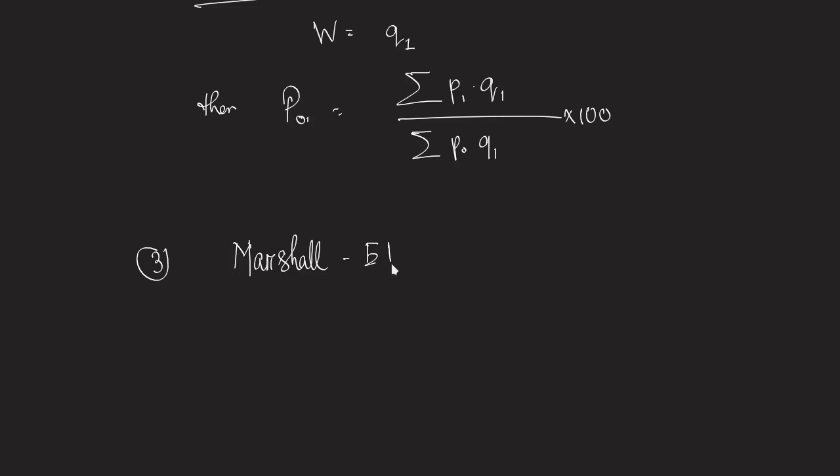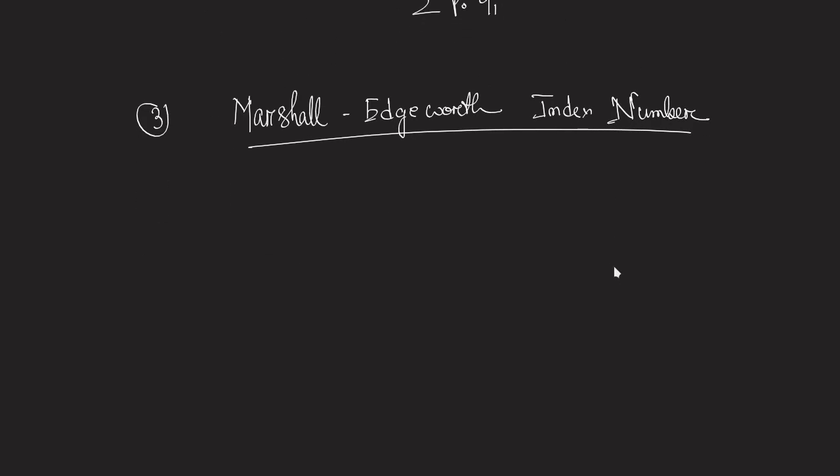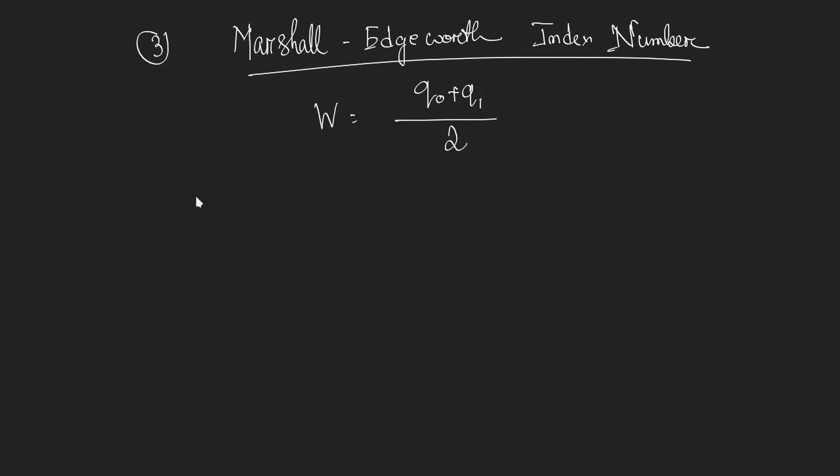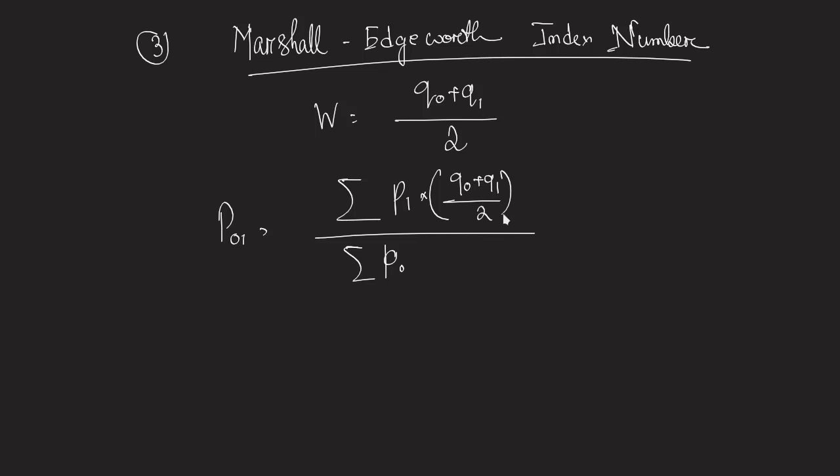In this case we take weight as q0 plus q1 divided by 2, so that means we average the base period and current period quantity. So p01 will be summation p1 by summation p0, into q0 plus q1 by 2, here also q0 plus q1 by 2, into 100.